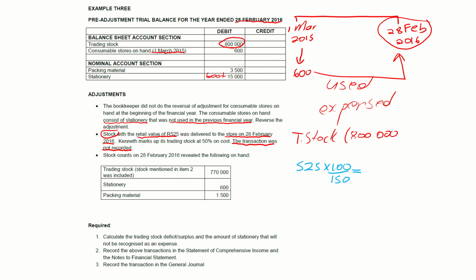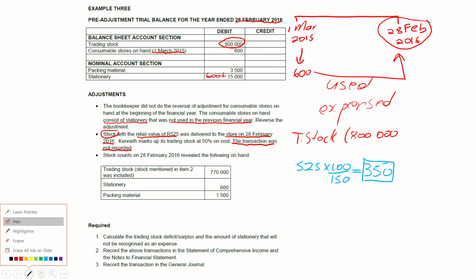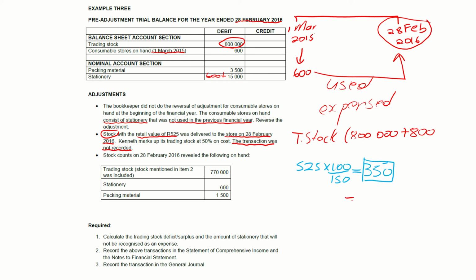And that will give us 350 rand. That 350 must be added to the 800,000, making our trading stock 800,350.